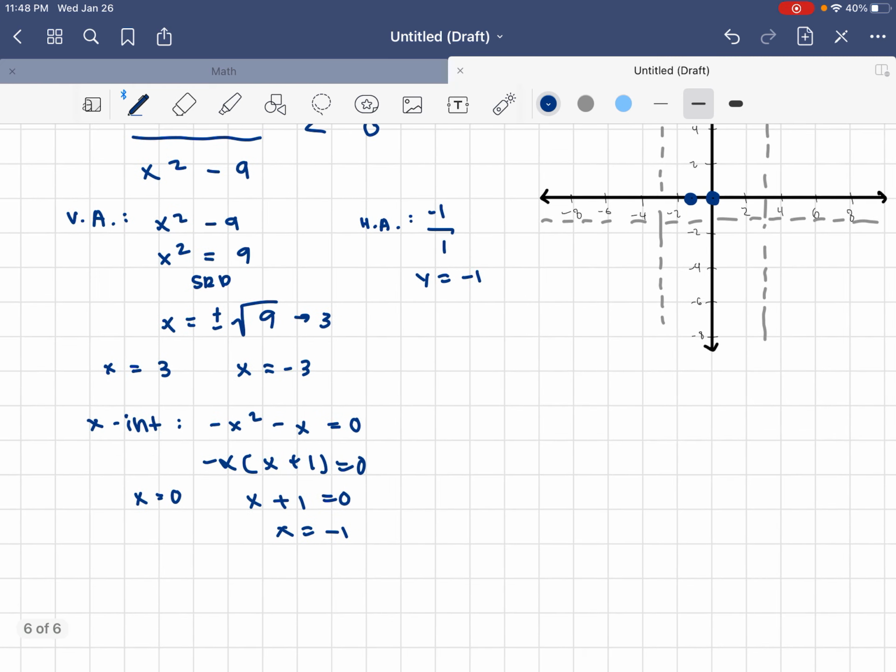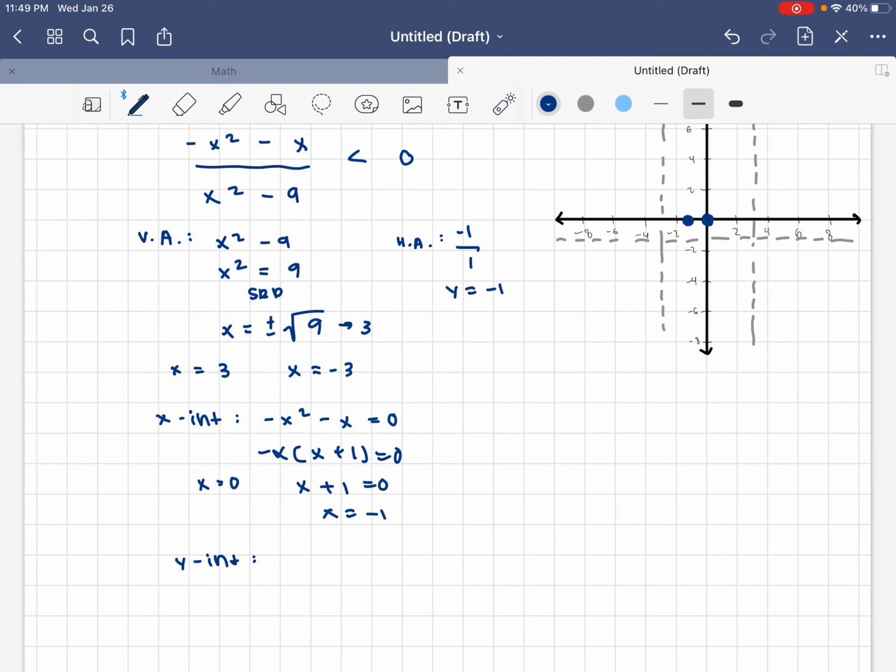Okay, now let's find our y-intercept. Y-intercept is when x equals 0. So let's plug 0 into our function, into where we see x. So when you do that, I'm going to get 0. Okay, I'll write out the whole thing.